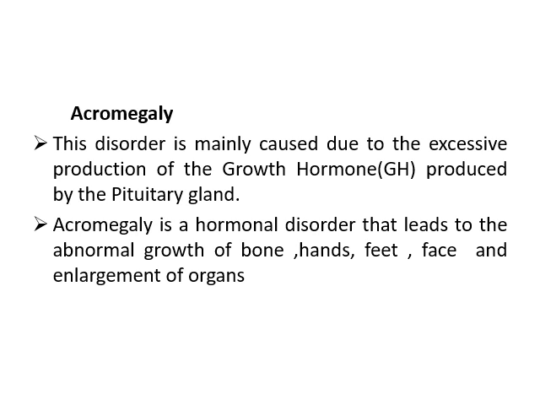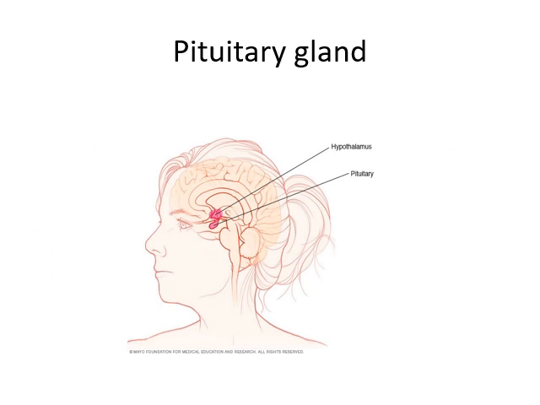Acromegaly leads to abnormal growth of bones, hands, feet, face, and enlargement of organs. But as the name suggests, acro means tip region, so only the terminal parts of the body, like hands, feet, and nose tips, become enlarged compared to the other parts of the body. That is the difference between gigantism and acromegaly.